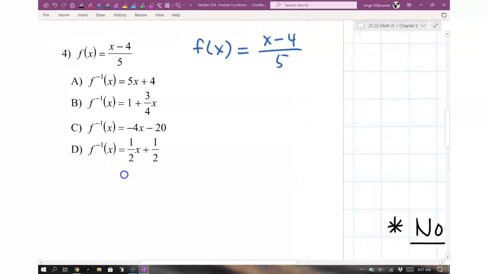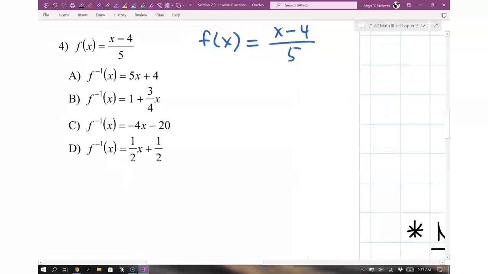You're going to want to change f of x or g of x or whatever into a y variable. So y equals x minus 4 over 5. Now, can someone tell me what's my next step? Once I get my equation, what's my next thing? My step number 2.